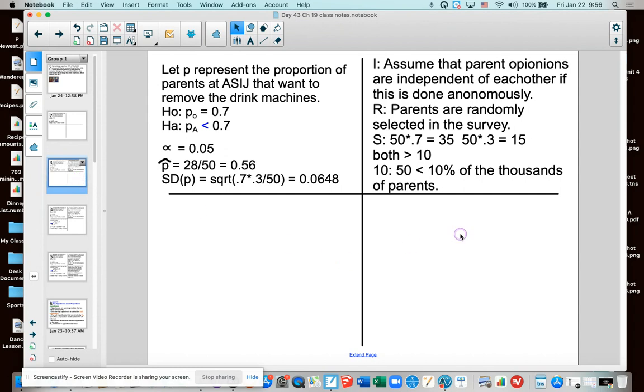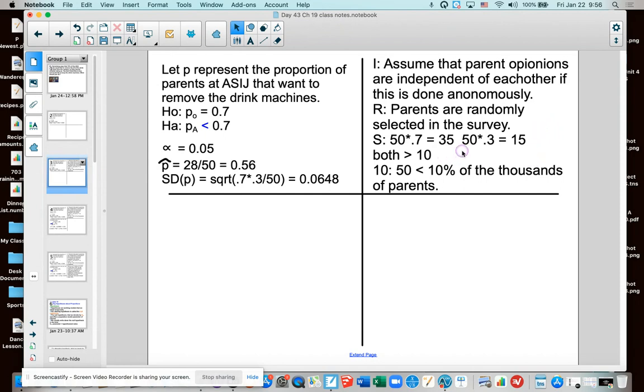Checking your conditions. We go through IRS 10, right? You have to make sure that there's no reason to believe there's any dependent situation going on. So I check that. Parents are randomly surveyed, so I check that.